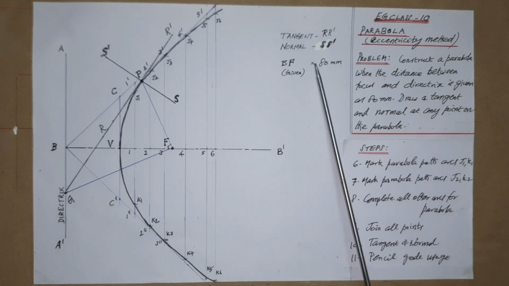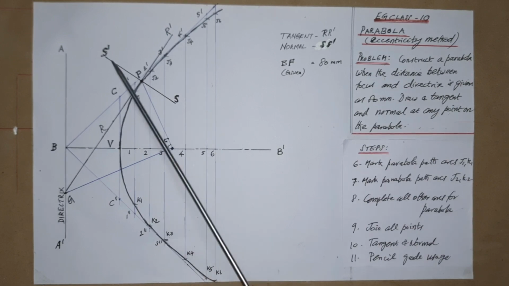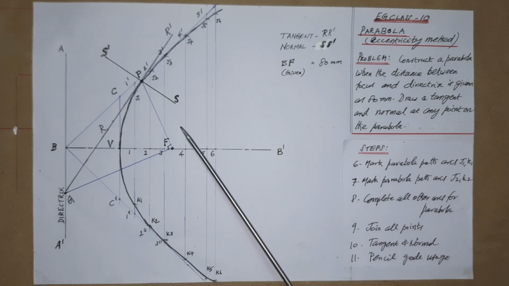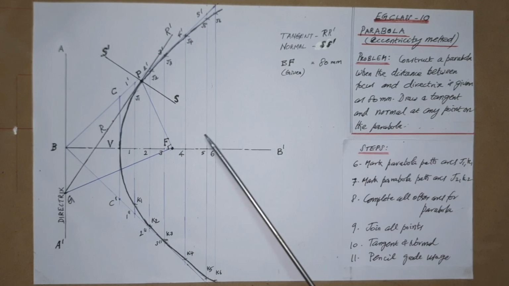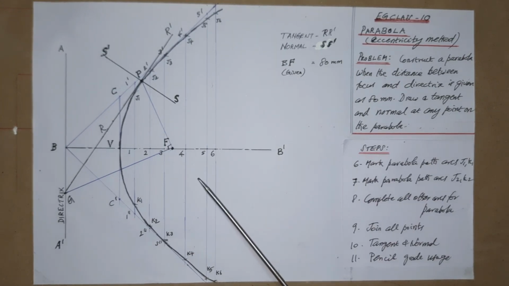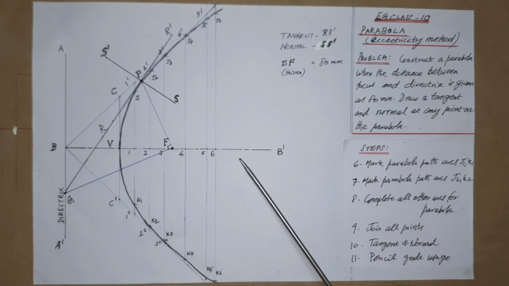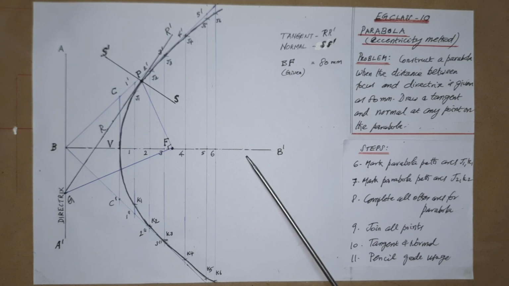Then with respect to pencil usage, as shown here, the parabola main curve should be in dark lines using an HB pencil, and the tangent and normal should also be dark with an HB pencil. Use a 2H pencil for thin lines, that is, for other supporting lines. The directrix as well as the axis line may be medium dark using HB or 2H.